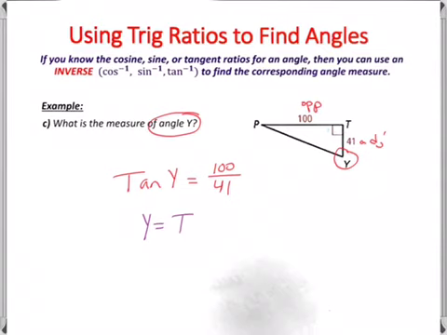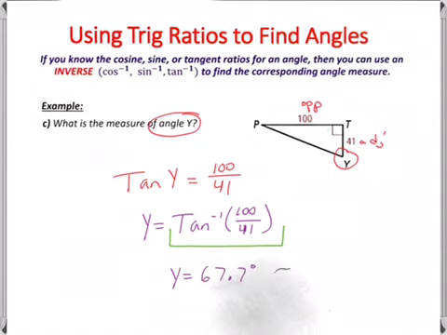So y is going to equal the tan inverse of 100 over 41. So when I plug this into my calculator, I'm going to get y to equal 67.7 degrees, or right around 68 degrees.